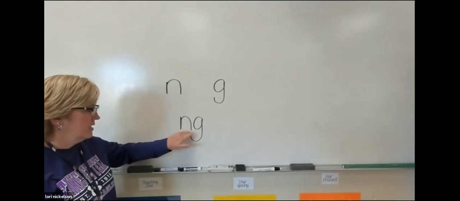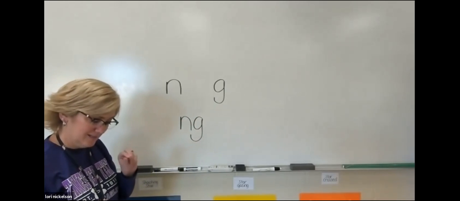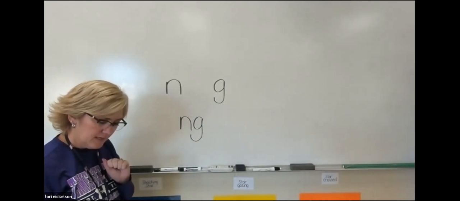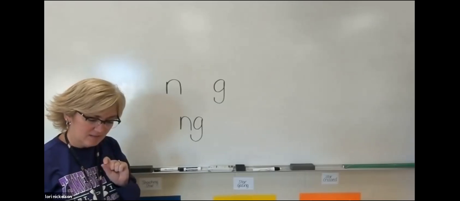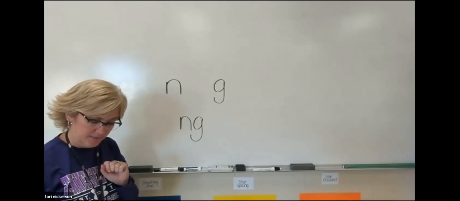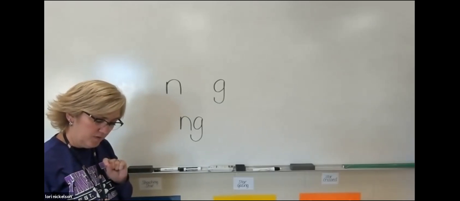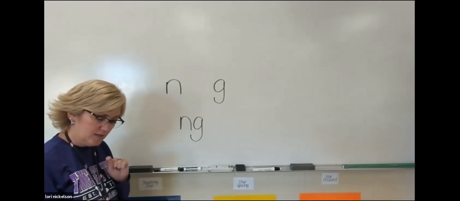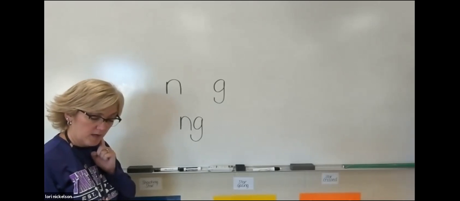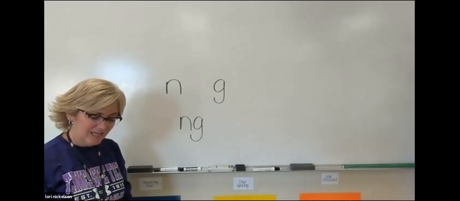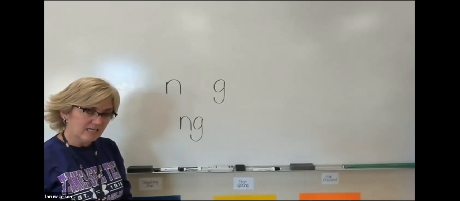You hear the N and G put together for a blend, ng. Now it's very similar to the sound N, all right? I want you to say a few of these words with me to see if you can hear the difference in the words, okay? Kin and king.